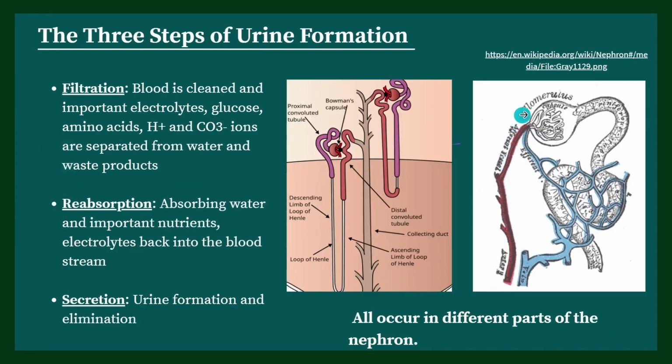The reason that there's a difference between afferent and efferent is so that you know that this bigger arterial tube is going into that capsule, and it's because it's so much bigger, there's a higher pressure, which forces those filtrates out into the glomerulus.